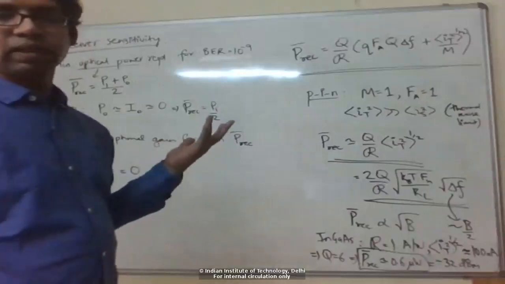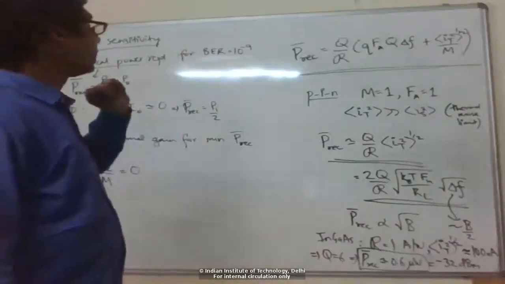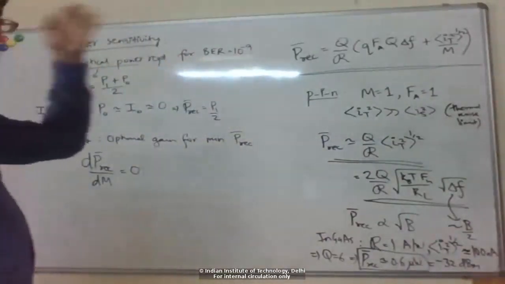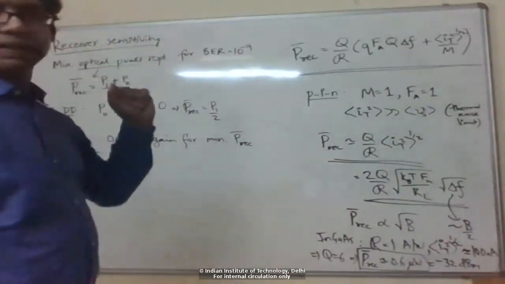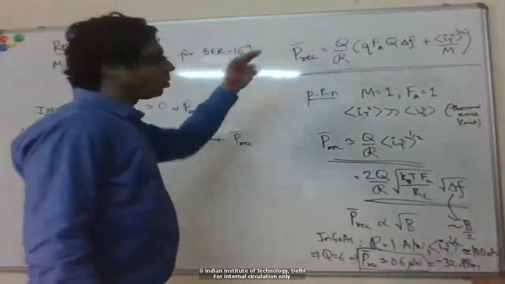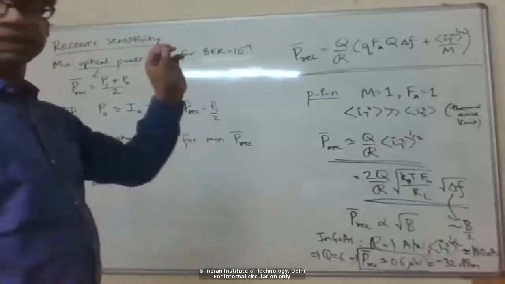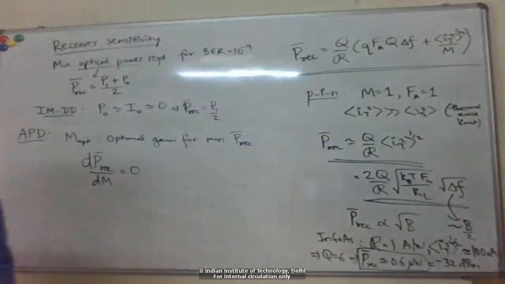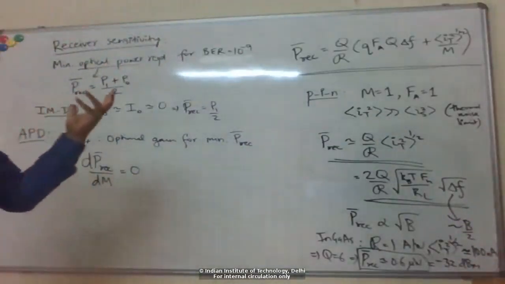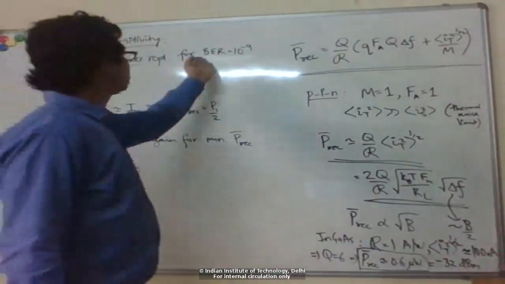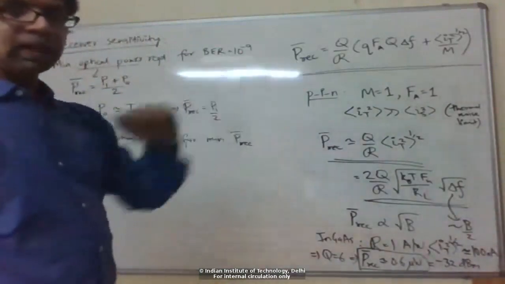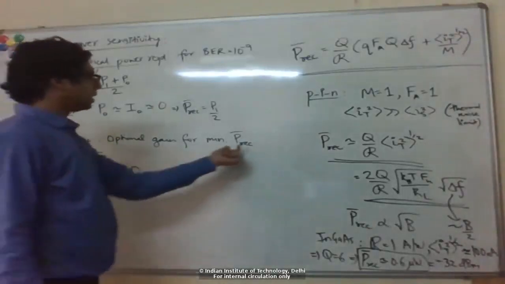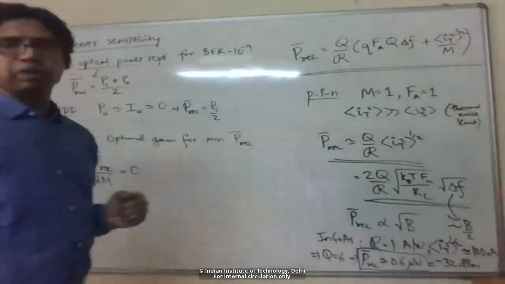It could be like 10 to the minus 10, 10 to the minus 11. So if I'm okay with my link operating at 10 to the minus 9, then I don't really need that high SNR. Or equivalently, for some other parameters, maybe at the maximum SNR the BER doesn't even reach 10 to the minus 9. So the maximum SNR is one metric, but here we want to operate the link at a particular error rate, and what is the optimal gain such that I require the minimum optical power to operate that link.